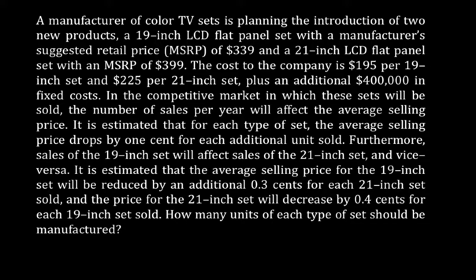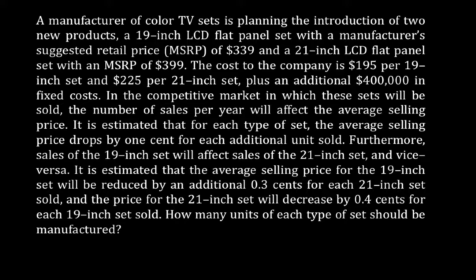In the competitive market in which these sets will be sold, the number of sales per year will affect the average selling price. It is estimated that for each type of set, the average selling price drops by 1 cent for each additional unit sold. Furthermore, sales of the 19 inch set will affect sales of the 21 inch set and vice versa.